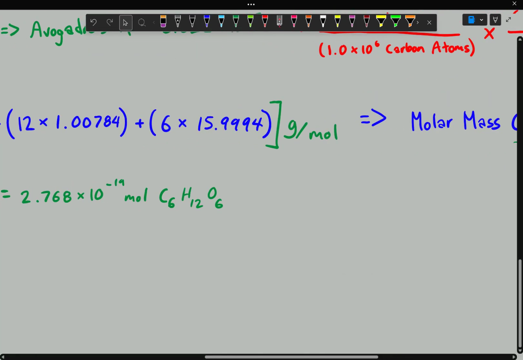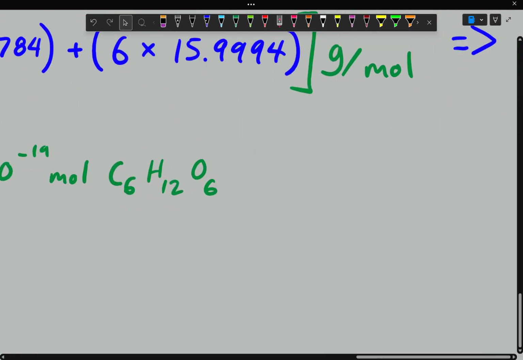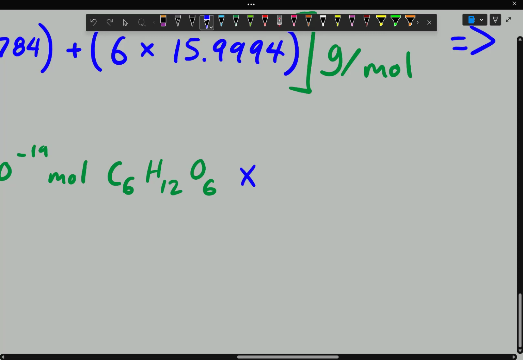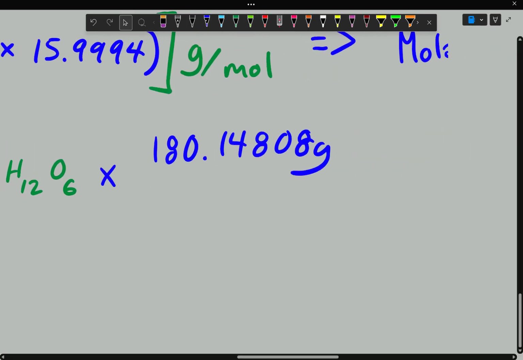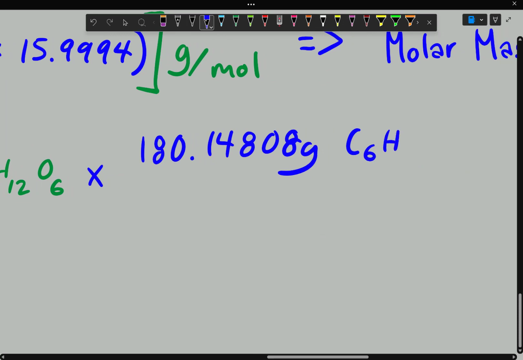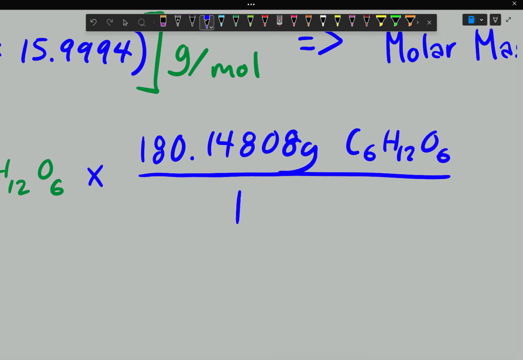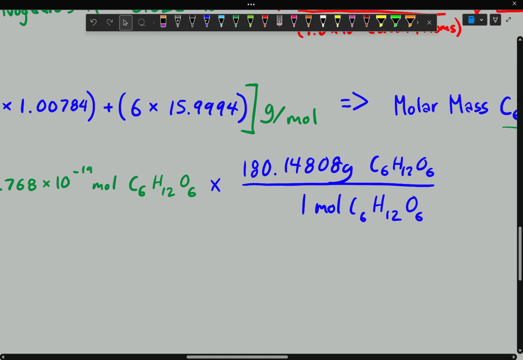And so that will cancel out nicely if we multiply this by 180.14808 grams of C6H12O6 per 1 mole of C6H12O6.